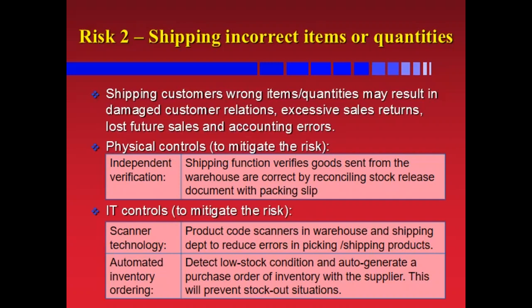When an inventory record is updated to reflect a sale, the computer logic should check to determine if the reduction in quantity drops the quantity on hand to below the reorder point. And if so, it should trigger a purchase of inventory from the supplier. This will prevent stock out situations, resulting in being unable to ship the customer's order.